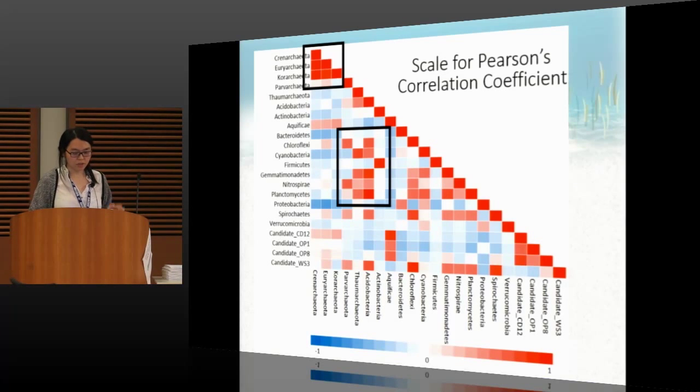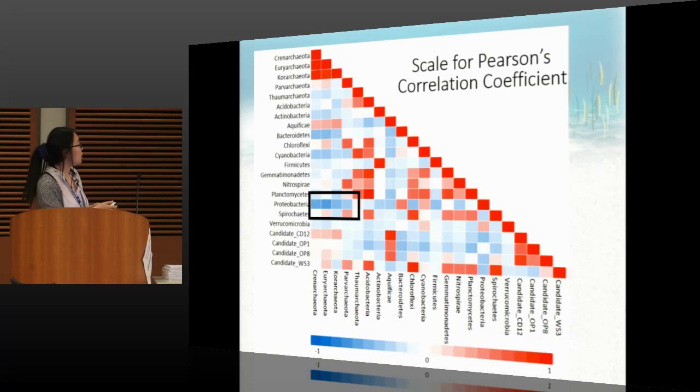The only exception is the Thaumarchaeota. So Thaumarchaeota, they prefer those with the cyanobacteria, firmicutes, and they always grow together. And the proteobacteria, if they show up in the sample, you cannot see any archaea in the sample.